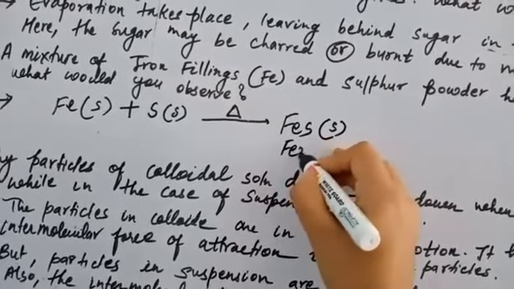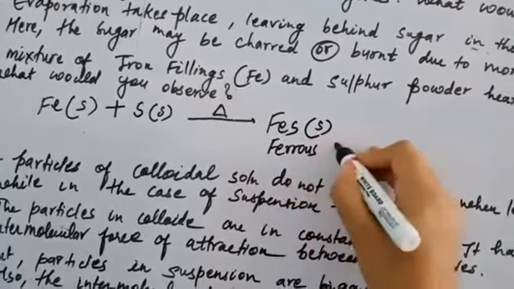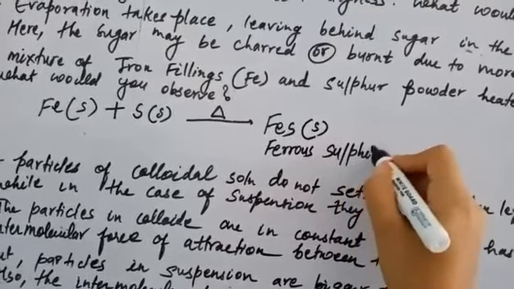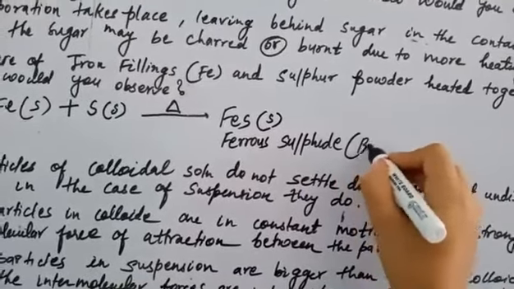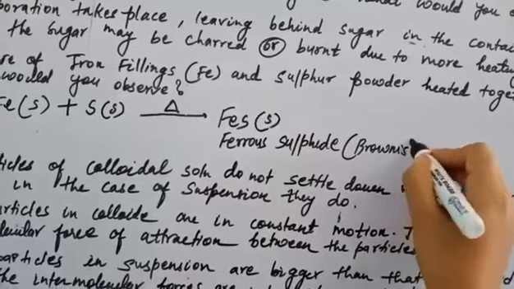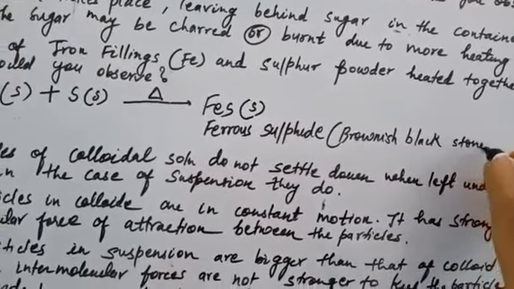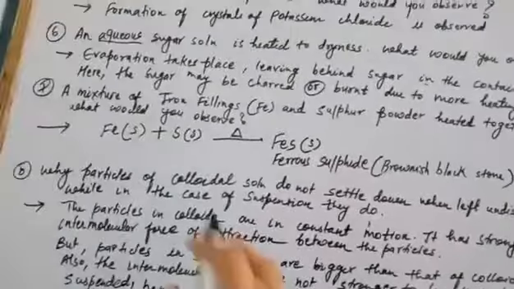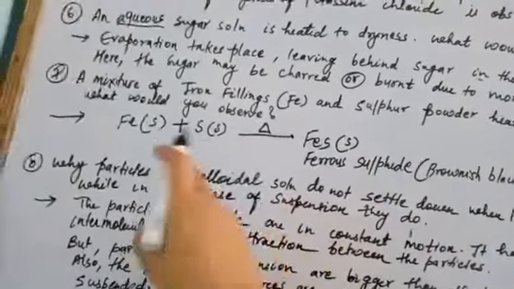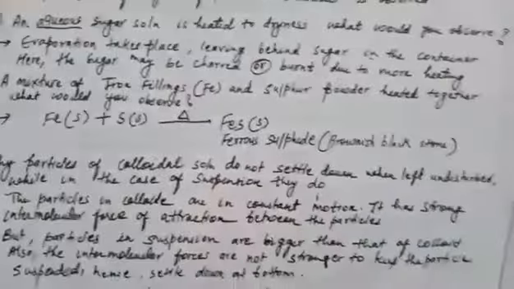What is this? It is ferrous sulfide, brownish black, stone type. Okay, so if a question is asked like that, you have to show it like this.